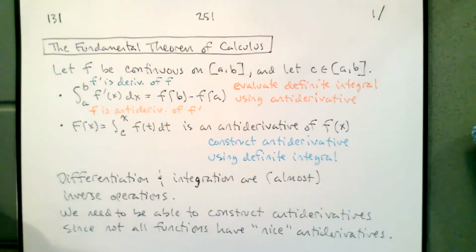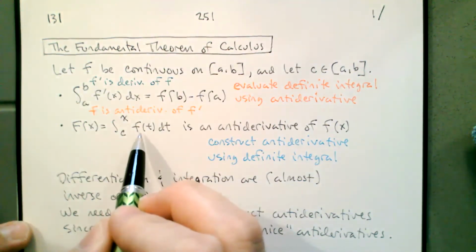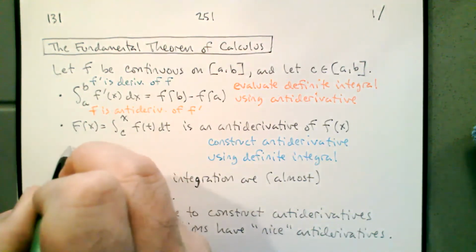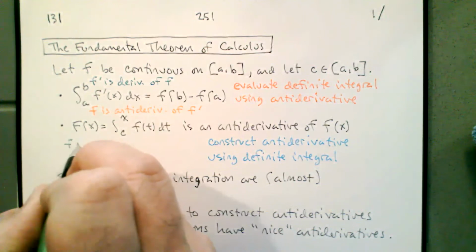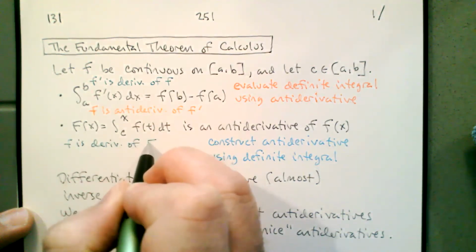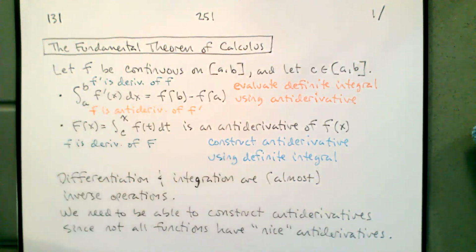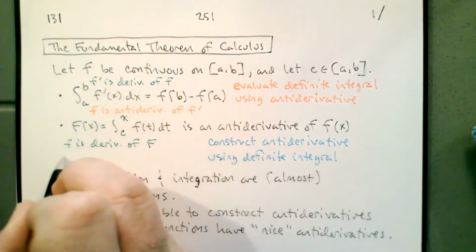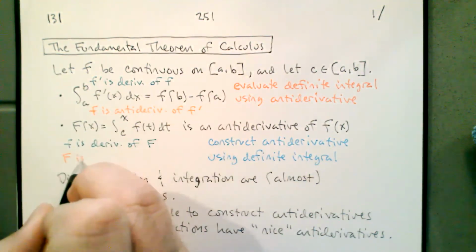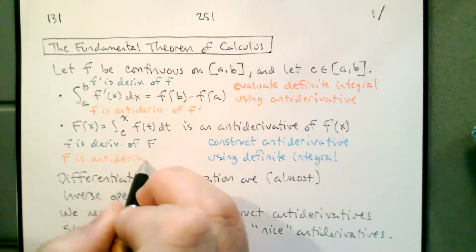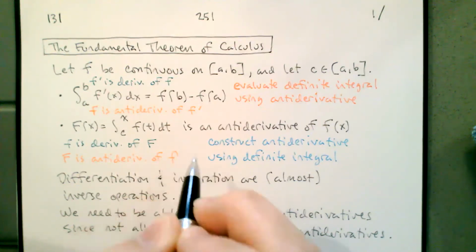So to make sure our parts are named down here, little f is the derivative of capital F. And, well, just like it says on the tin, capital F is an antiderivative of little f.